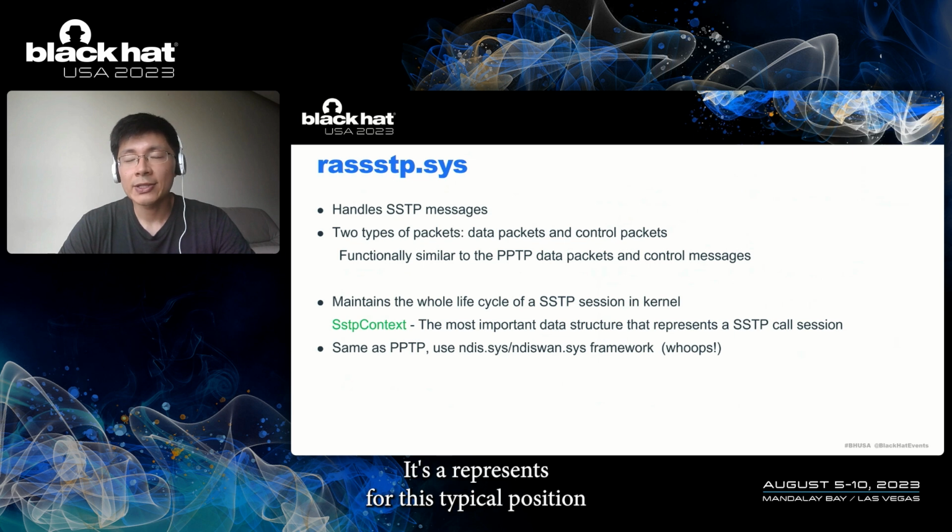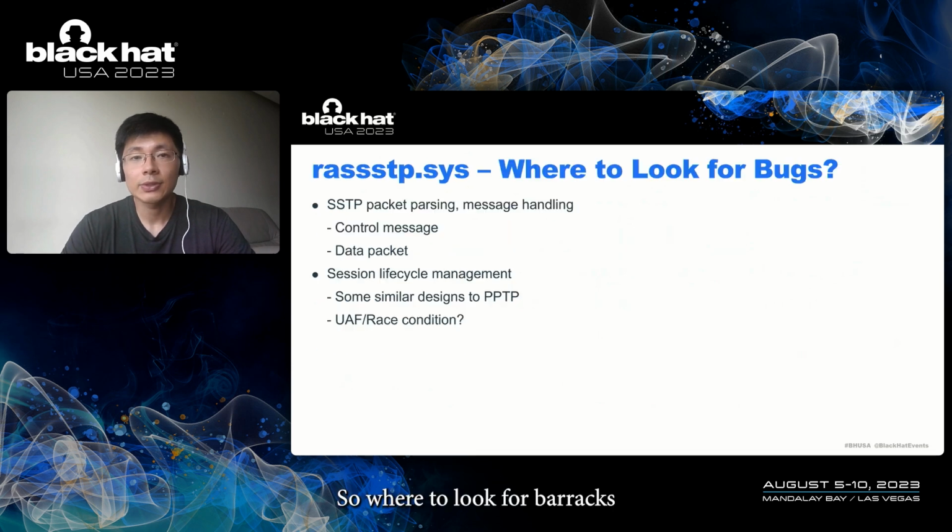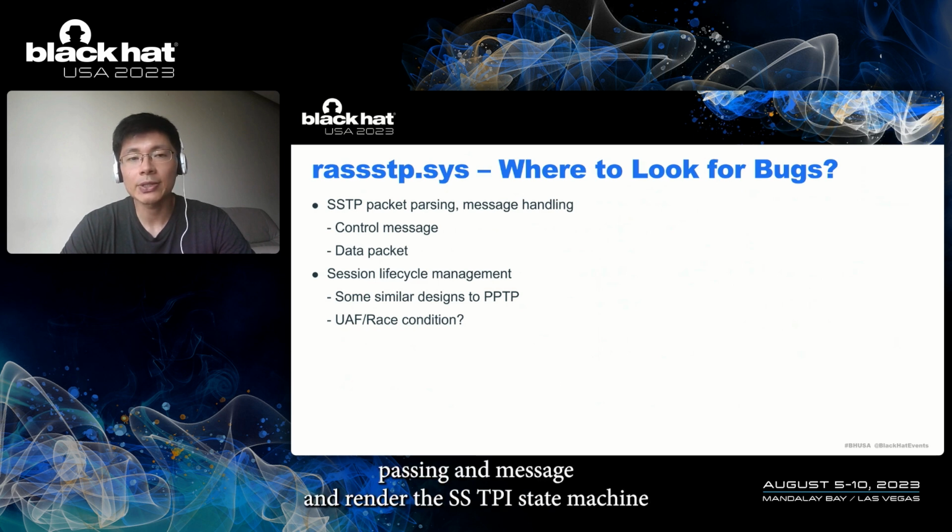It represents an SSTP call session. And also the same, it uses the NDIS framework for call management. So where to look for bugs? First, we can try the SSTP packet parsing, message handling, and the SSTP state machine.